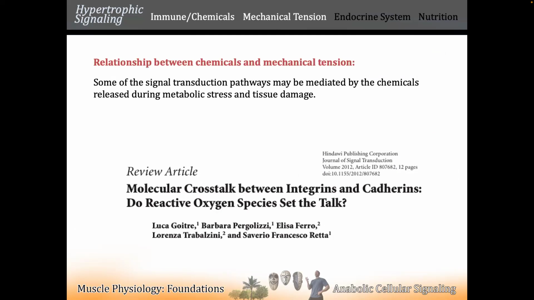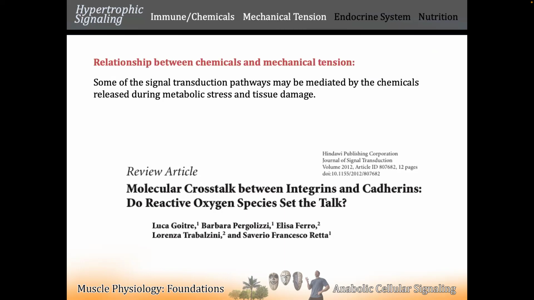Now, we've been talking about these different upstream activators of mTOR in isolation, like immune chemicals. That was one topic, and mechanical tension. That's a totally different topic. But there is overlap. There are relationships between chemicals and mechanical tension.